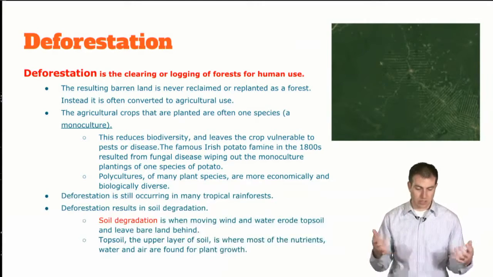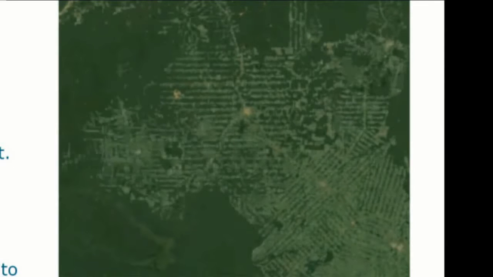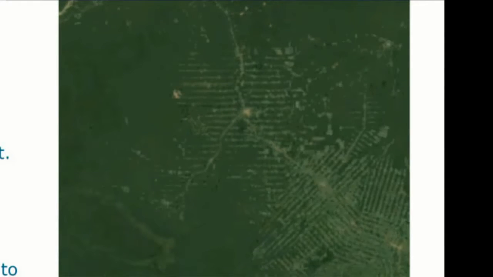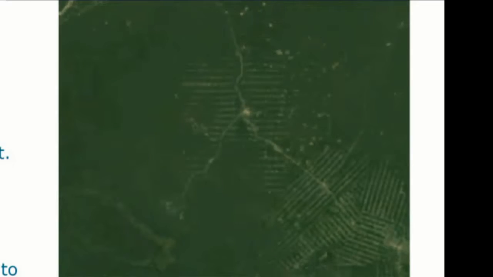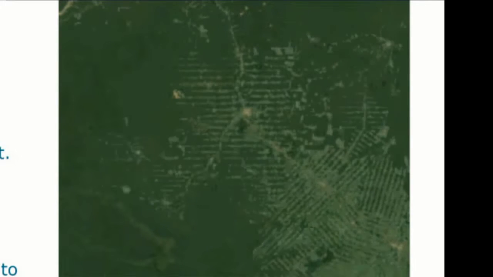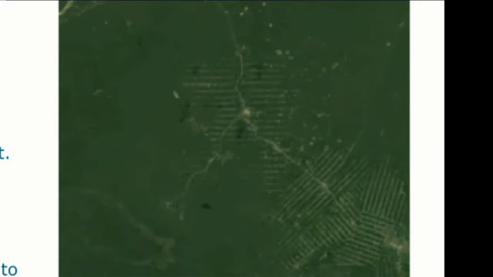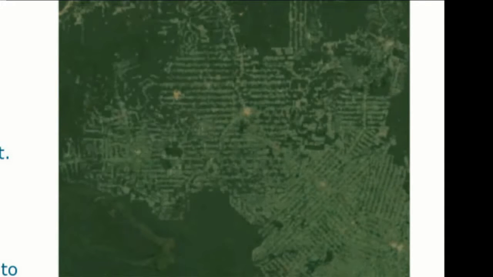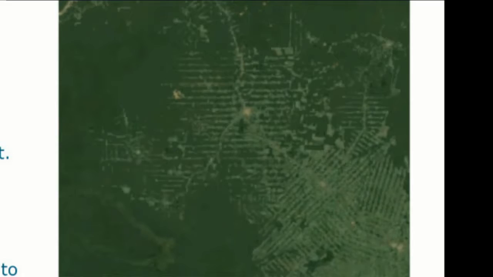And basically it's exactly what you think it is. It's just cutting down forests. So this is an image from space over a period of about 10 years or so, showing how the rainforest gets clear-cut, all those trees get cut down.